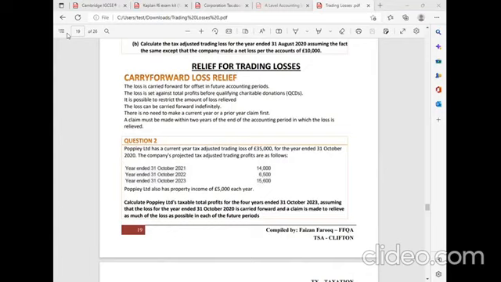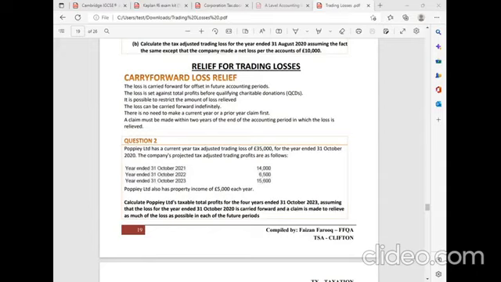Popeye Limited has a current year tax adjusted trading loss of £35,000 for the year ended 31st October 2020. The company's projected tax adjusted trading profits are as follows. Year ended 31st October 2021, 14,000. Year ended 31st October 2022, 6,500. Year ended 31st October 2023, 15,600.